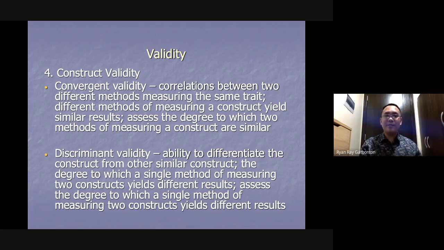And also the discriminant validity, which is able to differentiate the construct from other similar constructs. How different is this construct from other constructs measuring the same variable? So if it's able to discriminate what is talaga doon sa tool na yon, then it has high discriminant construct validity.